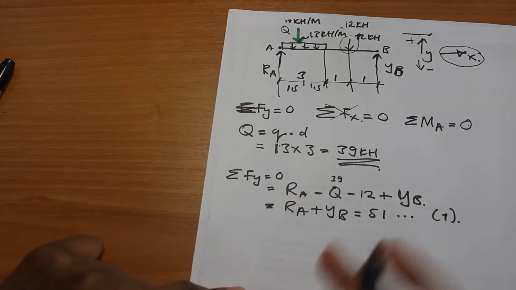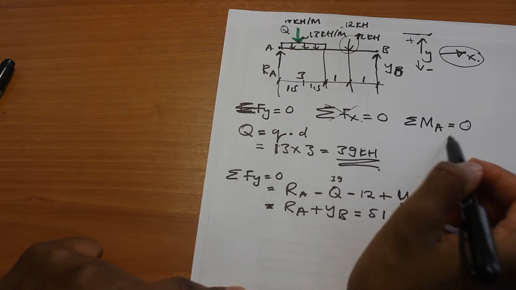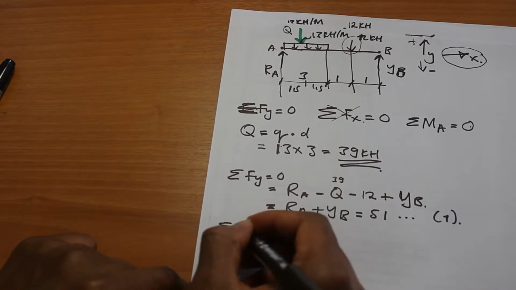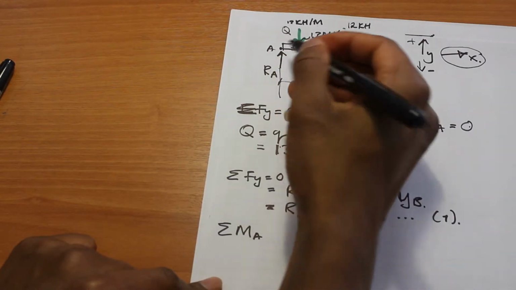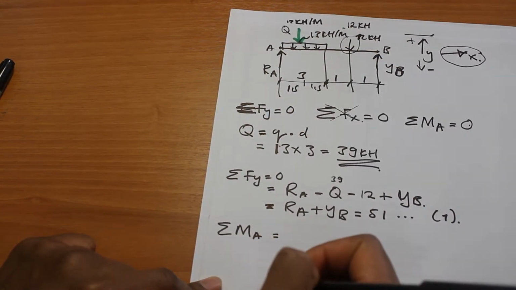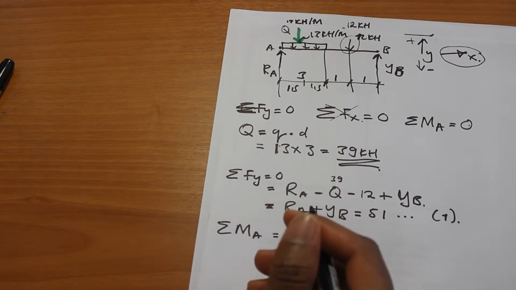And then the other thing, I also need to form an equation for the moment. So the sum of the moments at point A, I've decided to take my point here, will be equal to, remember, a moment is defined as the bending effect of a force.